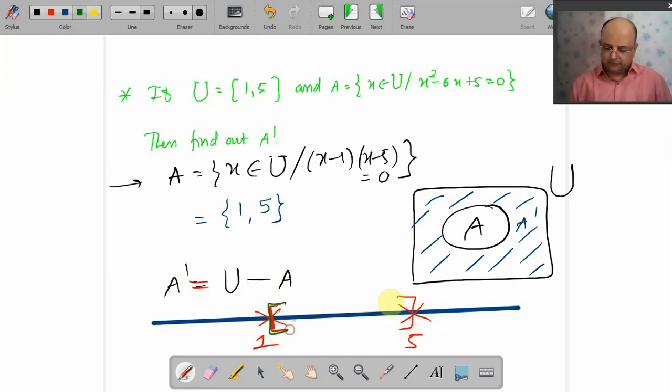If I remove these 2 points, you are left with the open interval (1, 5), not including 1 and not including 5. Sure?